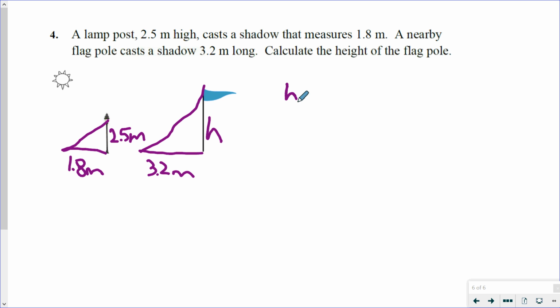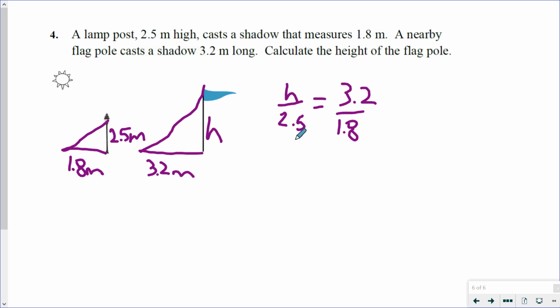The height of the flagpole is to the height of the lamppost, and is equal to 3.2, which is the shadow of the flagpole, is to the shadow of the lamppost.